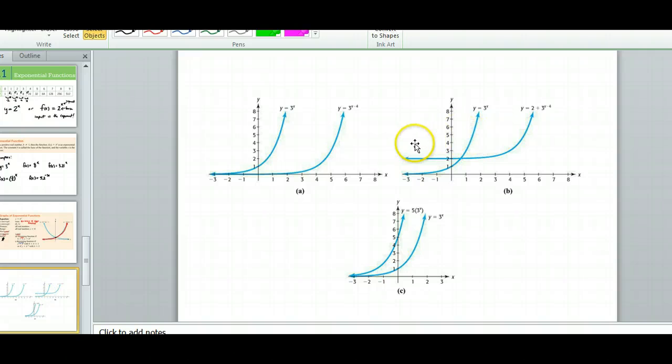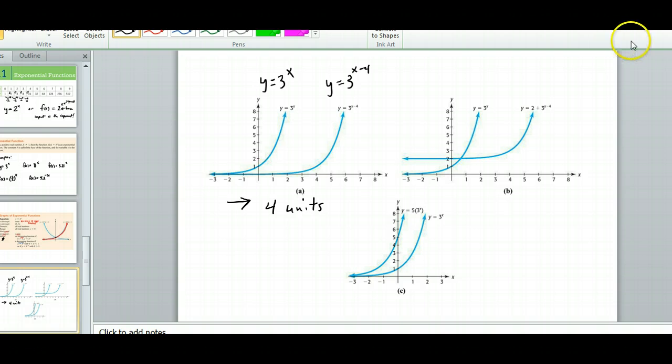Now this is transformations of functions, just like before. I don't know if you can see it very well. This says y equals 3 to the x, and this says y equals 3 to the x minus 4. So this is a shift to the right 4 units. So all those different things that we talked about in the previous chapter still hold here.